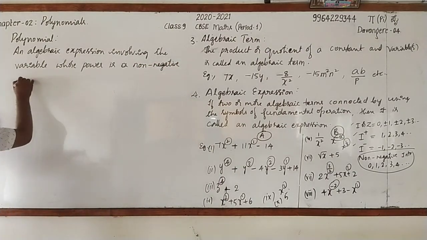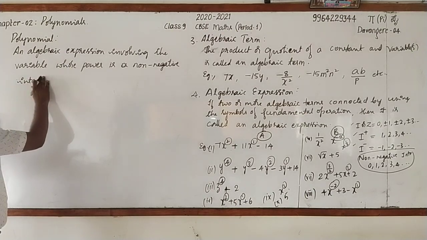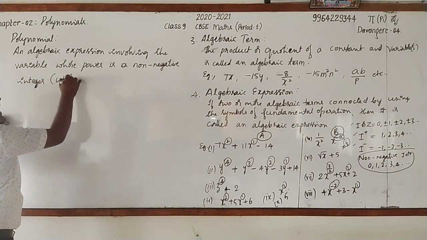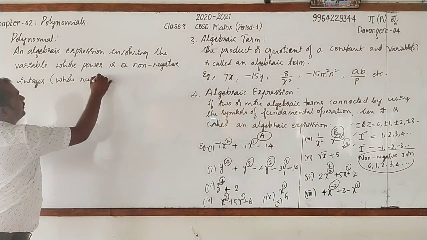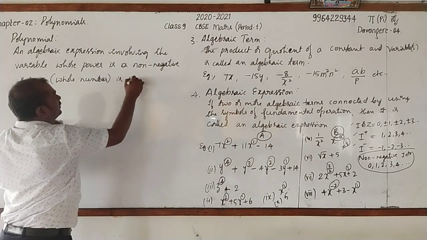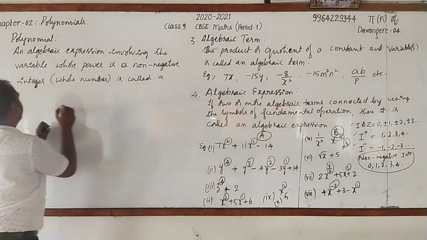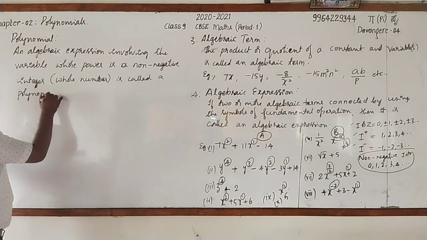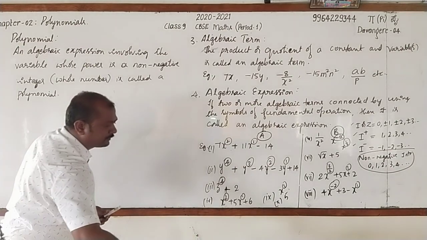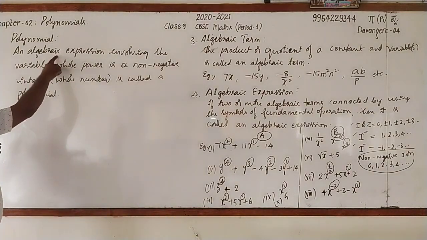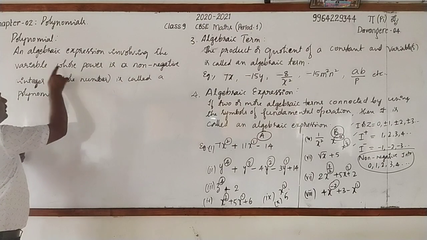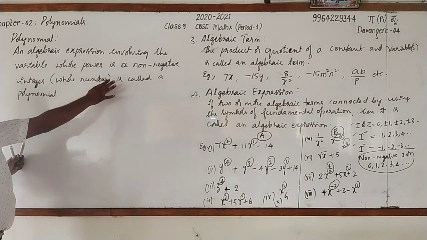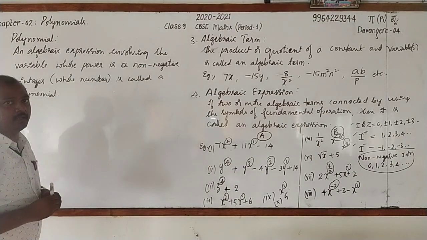Non-negative integer is nothing but whole number, is called a polynomial. Got it? Yes. Once you go through the definition, an algebraic expression involving the variable whose power is a non-negative integer, nothing but whole number, is called a polynomial.